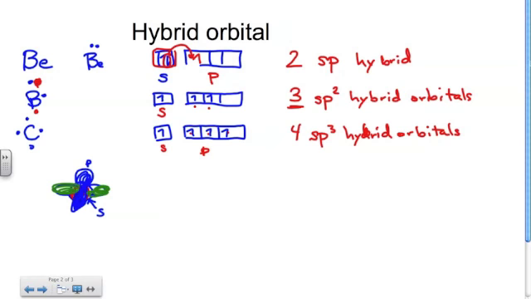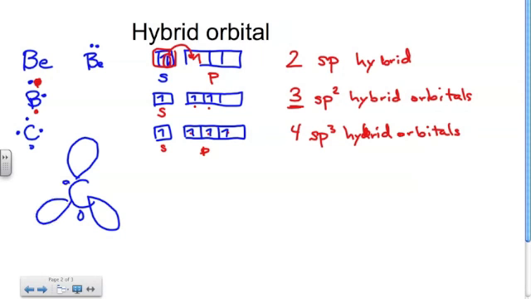Well, when those hybrids are formed, carbon forms orbitals that look like this, where there's a big lobe and a little itty-bitty lobe, a big lobe and an itty-bitty lobe, a big lobe and an itty-bitty lobe, and probably another big lobe hanging out the back.